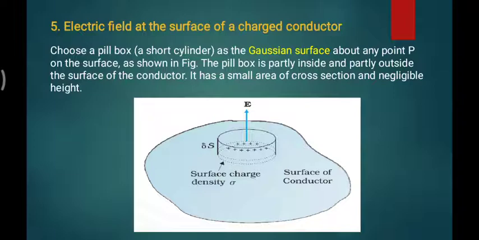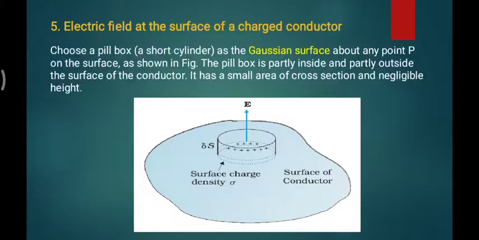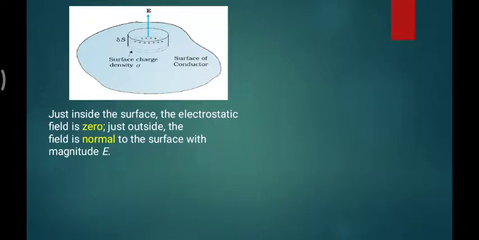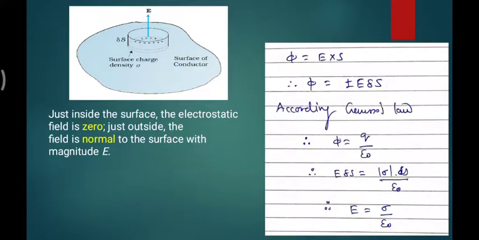Now we go for finding the electric field at this point, as in this figure. Just inside the surface, as we already established, the electrostatic field will be 0. Just outside, the field is normal to the surface, but how much, that we have to find now.